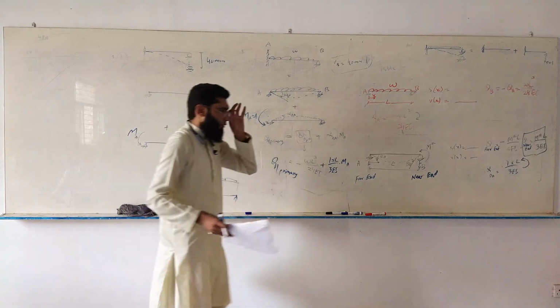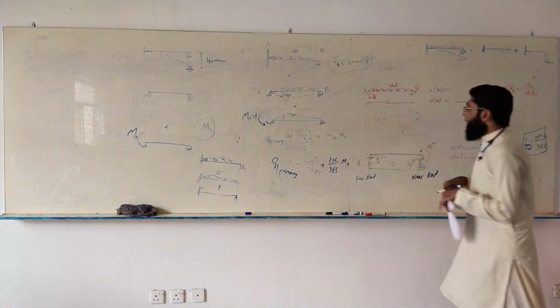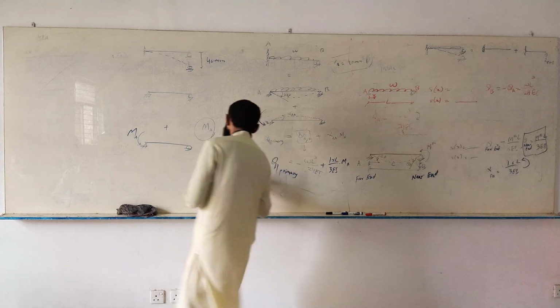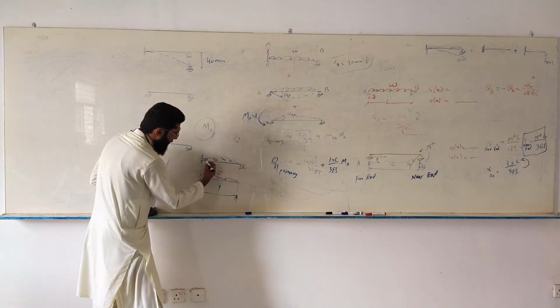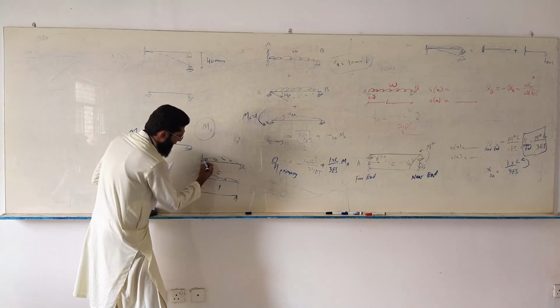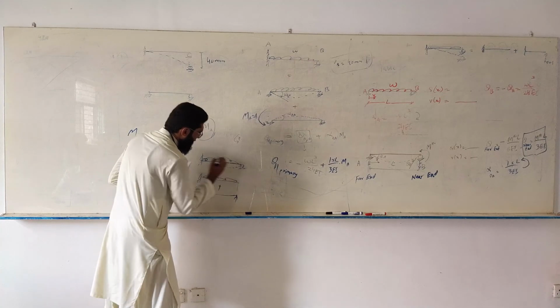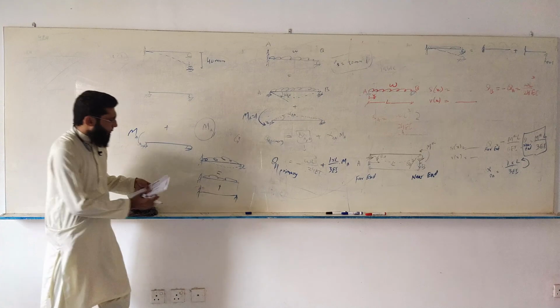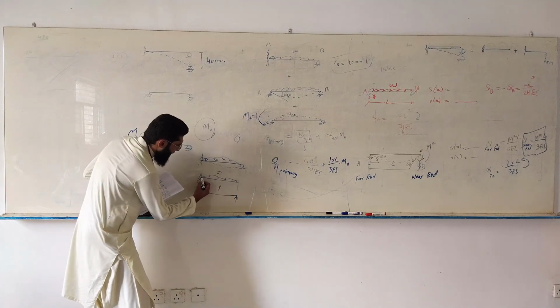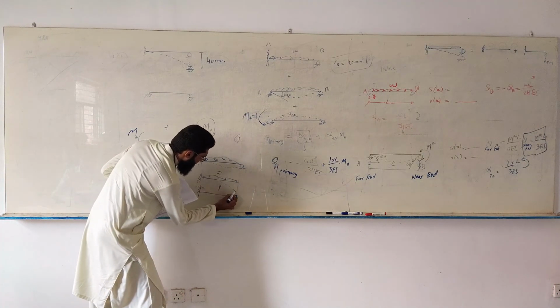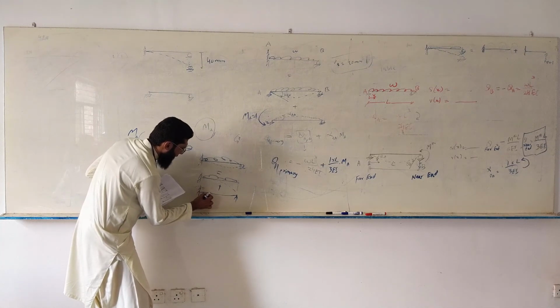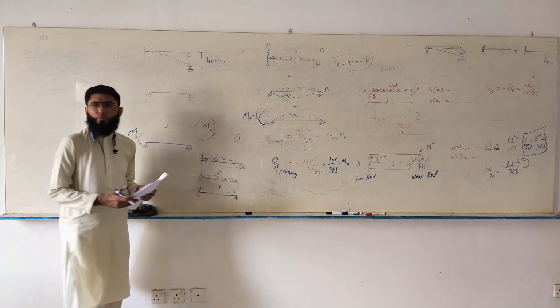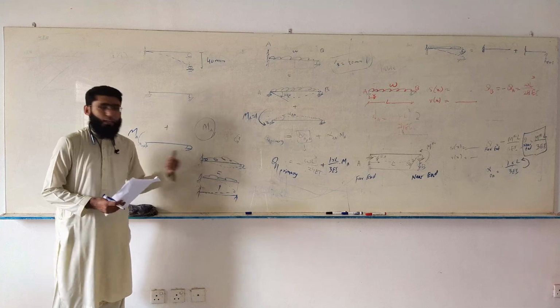So if you understand this principle, what I want to show you is that the displacement profile of the actual structure looks like this. It means the displacement profile that you are getting from here and the one that you will be getting from here, if you add these two displacement profiles, you will get this profile.